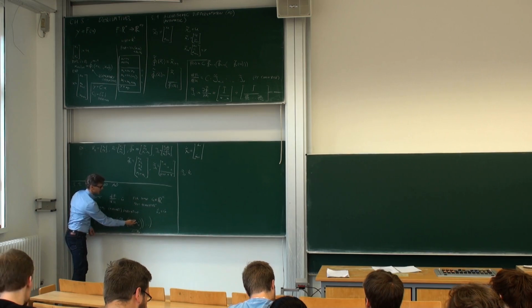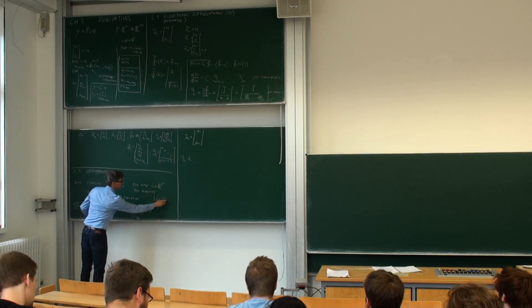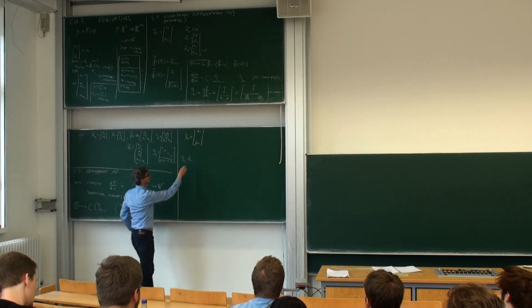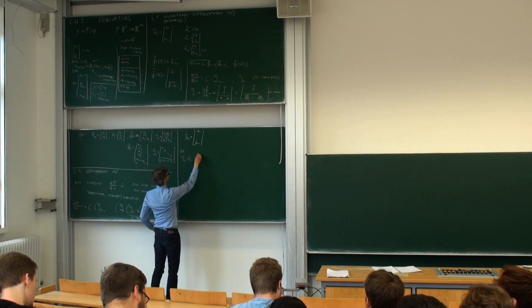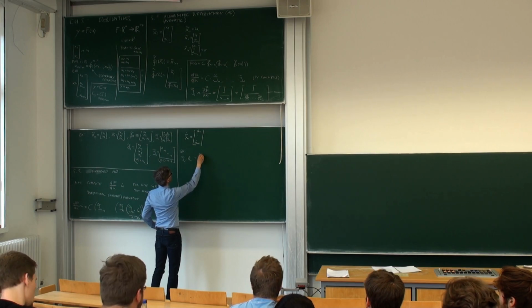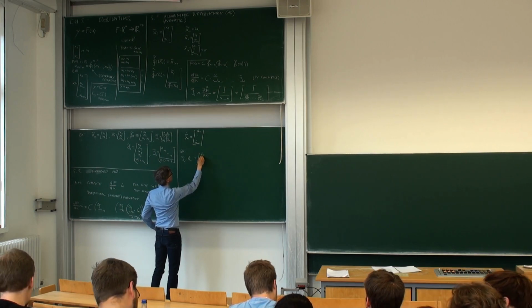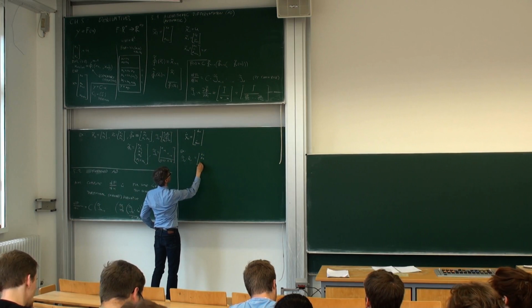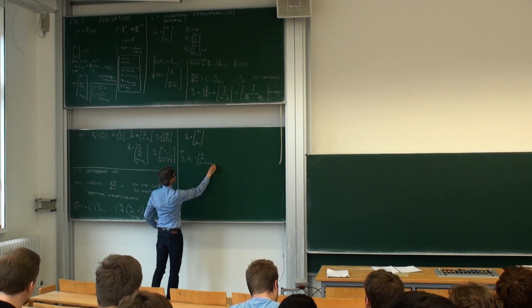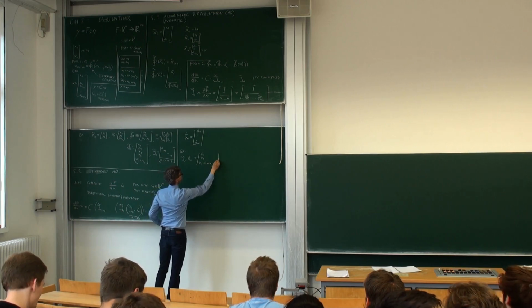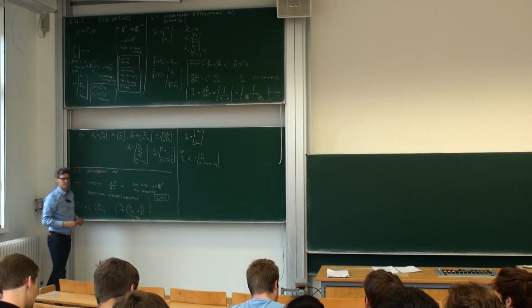Sorry, I called it u dot, but I should already use this notation here. So for the example, it will just be x1 dot, x2 dot, and then here it will be x2 times x1 dot plus x1 times x2 dot. Do you agree?